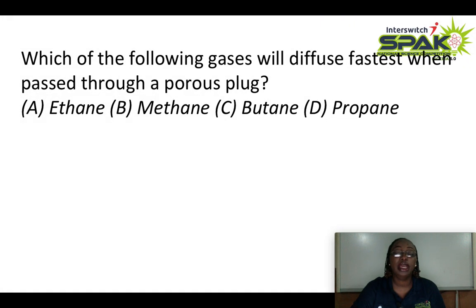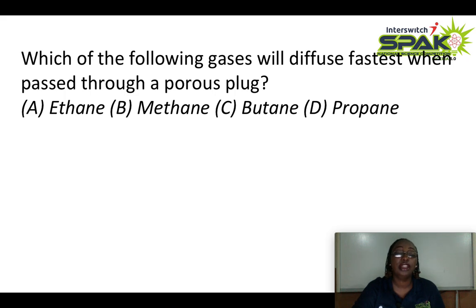Which of the following gases will diffuse faster when passed through a porous plug? Diffusion has to do with how light a species, an element or a compound is. If you look at the options carefully, which one do you think is the lightest?